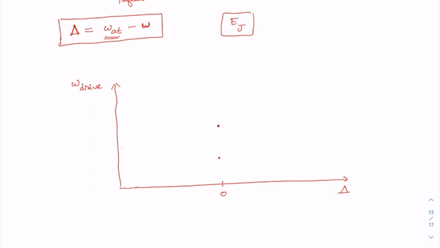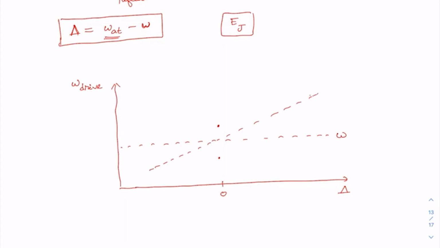Let us say our bare cavity frequency, which is fixed, is equal to omega. This is the bare cavity frequency, and as the detuning parameter is getting changed, we just have to change the atomic transition frequency, and that is something like this.